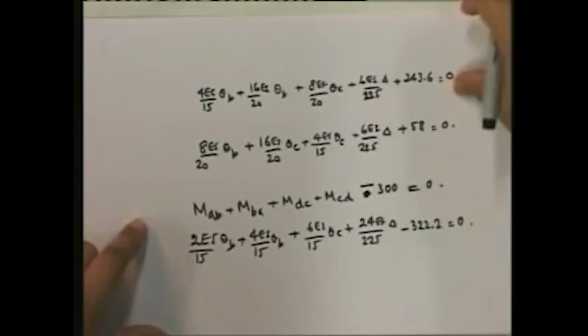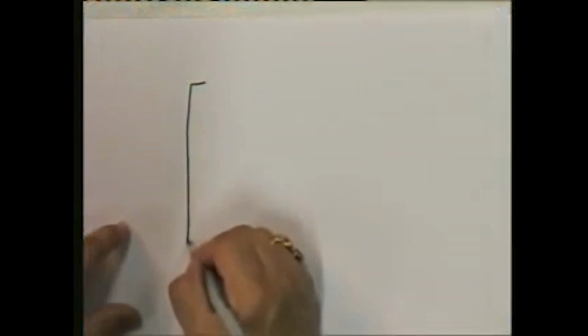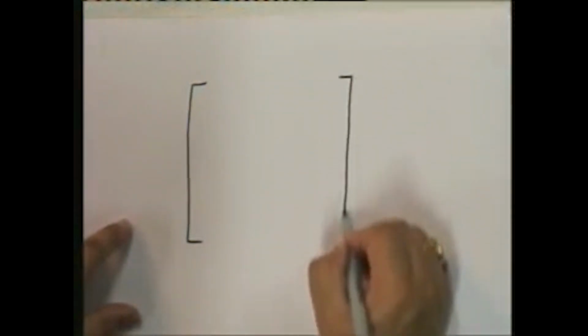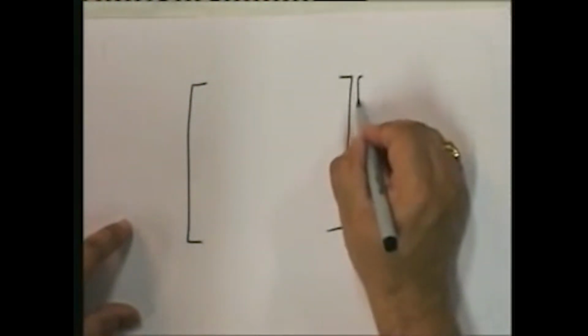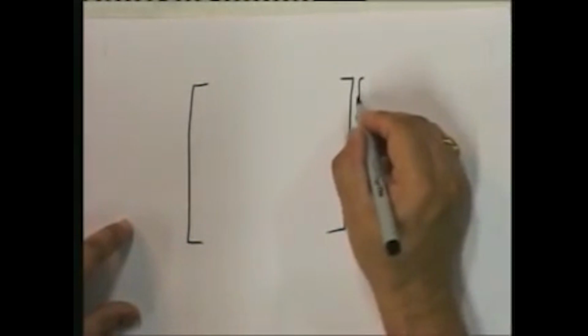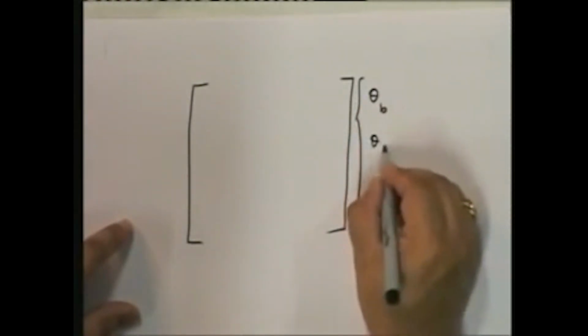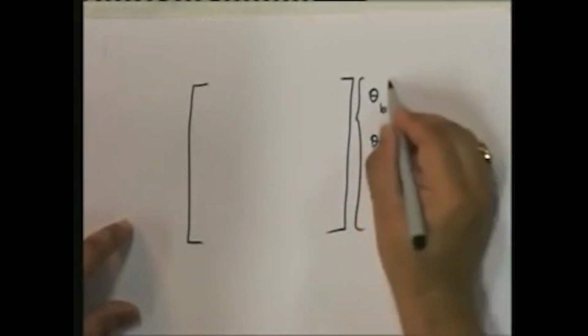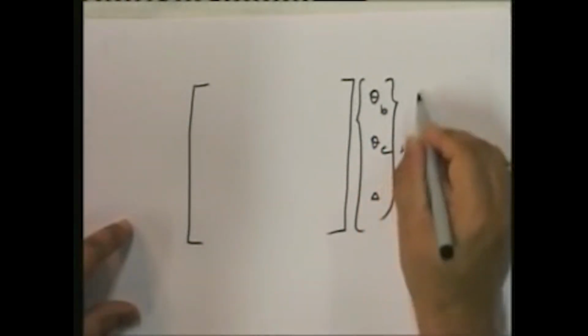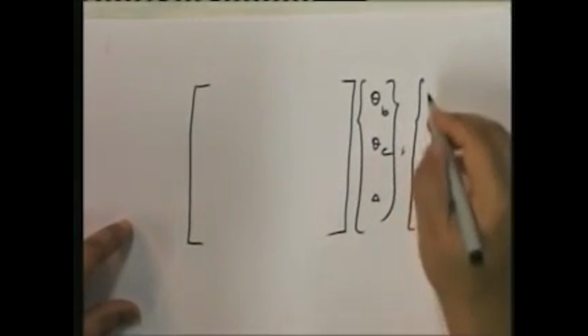I'll just put it down finally in an equation format. This is going to be theta B, theta C, delta, and on the other side I'm going to have the values.